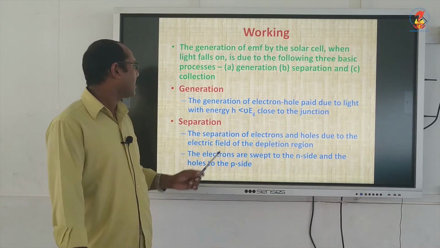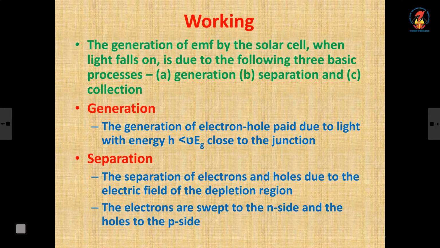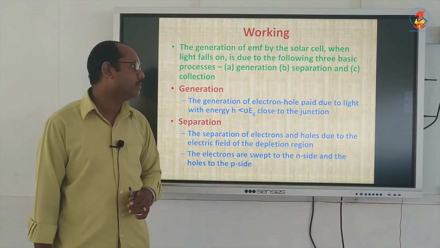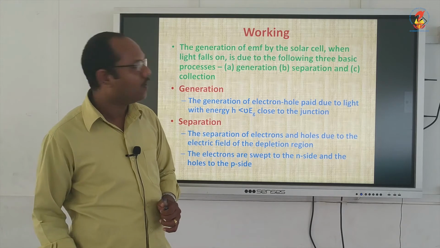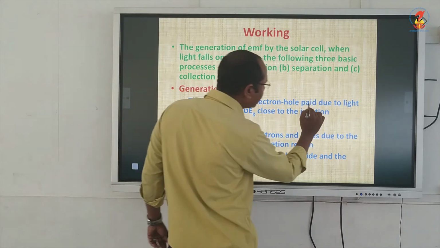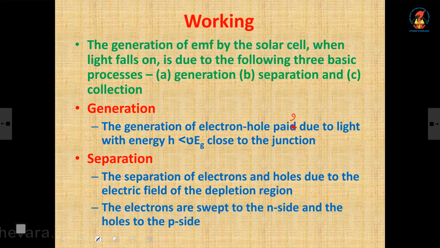Generation: generation of electron hole pairs due to the light with energy h nu greater than Eg. This is how you should write it.